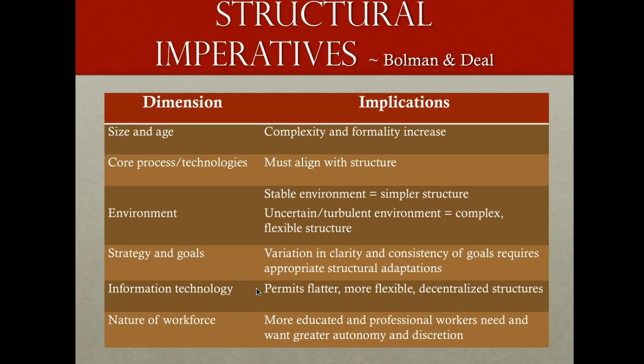And then finally, the nature of the workforce. More educated and professional workers need and want greater autonomy and discretion. Again, I think Bolman and Deal point this out nicely with their example between Harvard and McDonald's.